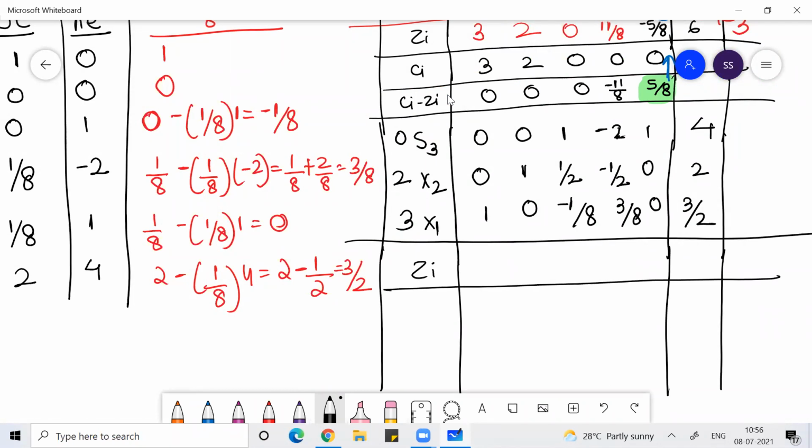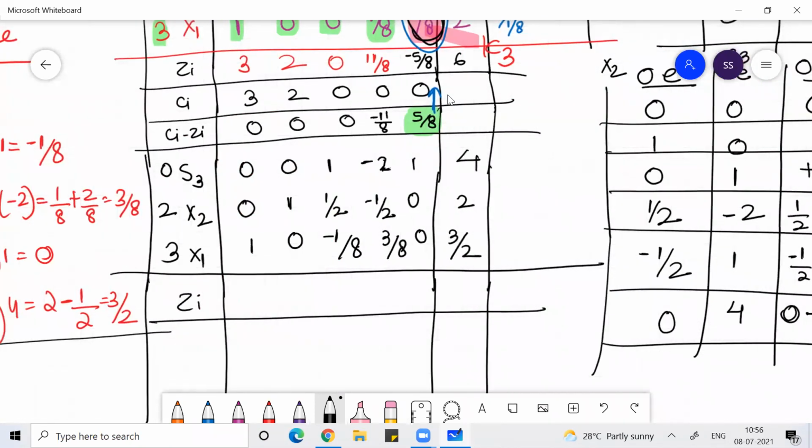So the Zi value for this would be 0 into 0 plus 2 into 0 plus 3 into 1, so that would be 3. Then this would be 0 into 0 plus 2 into 1 plus 3 into 0. This would be 2.